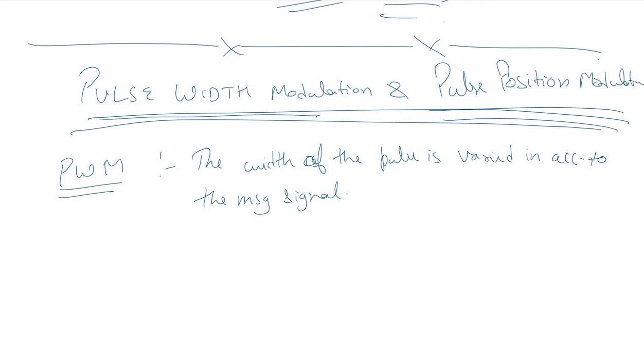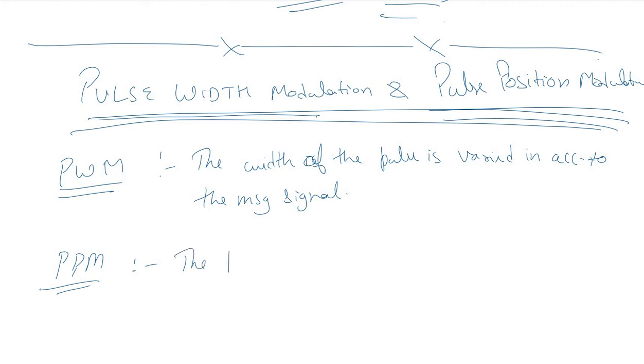Okay, and the other one is pulse position modulation, PPM. In this type of modulation, the position of arrival of the fixed width pulse is modulated. The width of the pulse is fixed, amplitude is fixed, but its position in each sample period is modulated by the message signal.